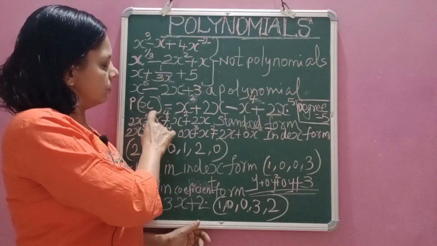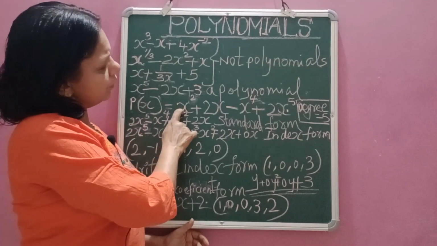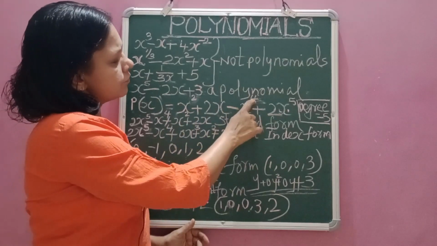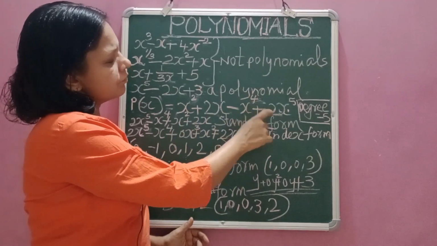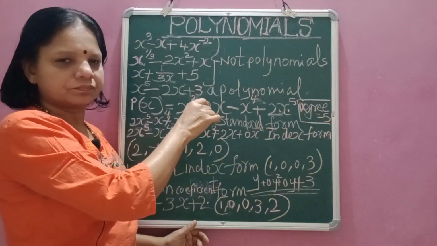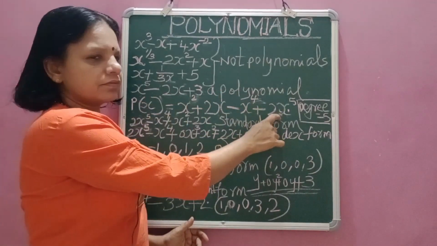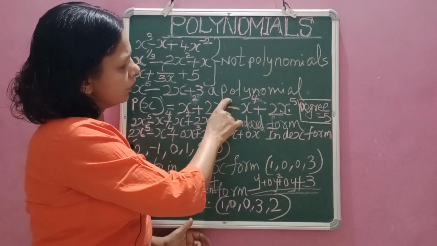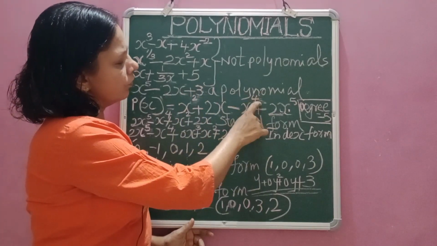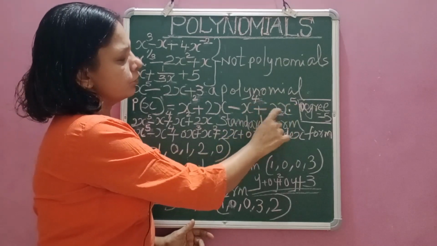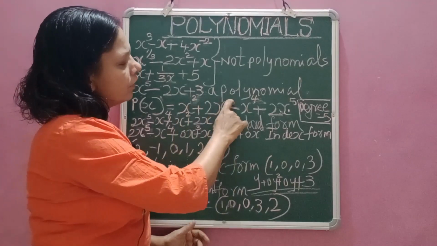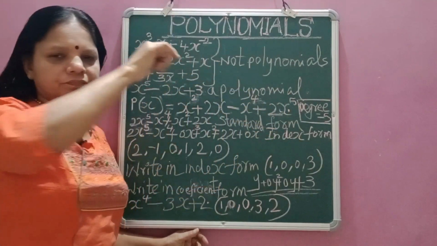P of x equals x square plus 2x minus x raised to 4 plus 2x raised to 5. Look at the indices. Here 2, here 1, here 4, here 5. So 2, 1, 4, 5.